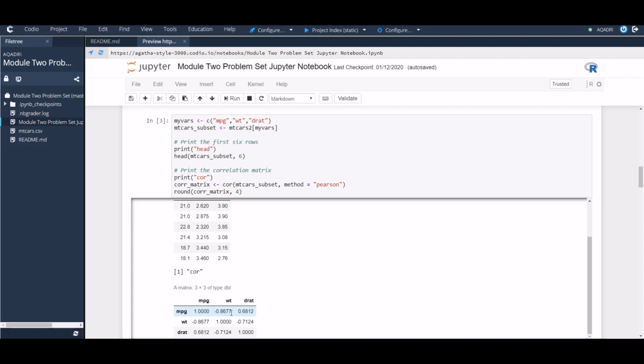I would say that that is a significantly negative correlation. And then the rear axle ratio and miles per gallon is 0.6812. That's also a moderate to strong positive correlation.